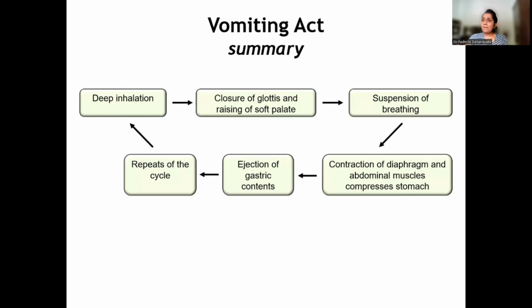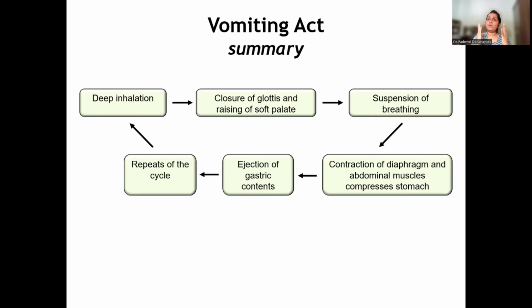Okay. So simply saying, this is a summary of the vomiting act, which I have so far described. First, you take a deep breath and your hyoid bone is moved upward and your larynx will be moved upward. With that, simultaneously, your glottis will be closed and then your soft palate will be raised to close the posterior nares. And for a little time, you will suspend your breathing. You will hold your breathing.